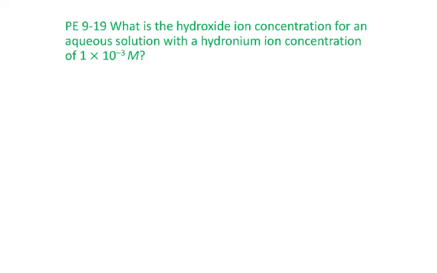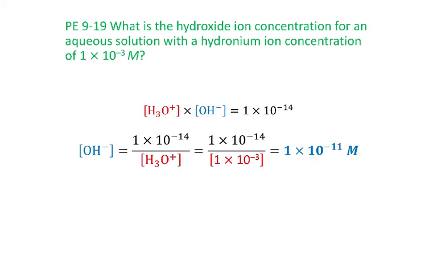end part 1 today. Okay, so what is the hydroxide ion concentration for an aqueous solution with a hydronium ion concentration of 1 times 10 to the negative 3? Okay, so first we can look at the ion product constant in that equation.